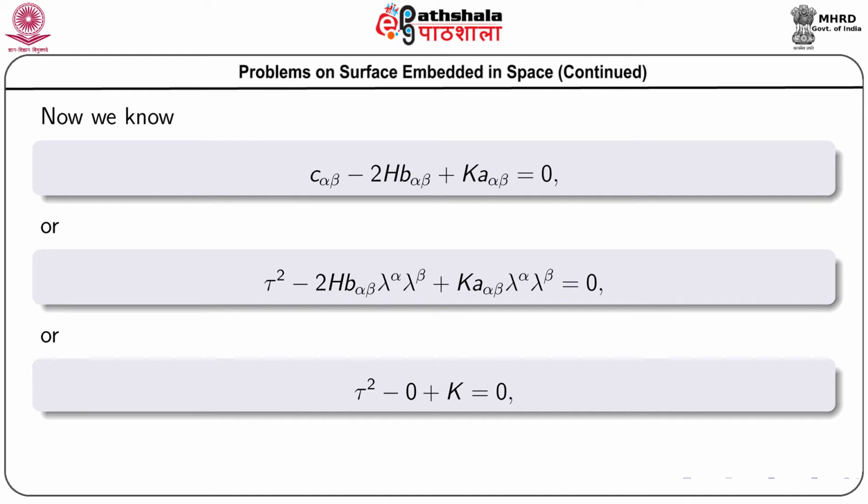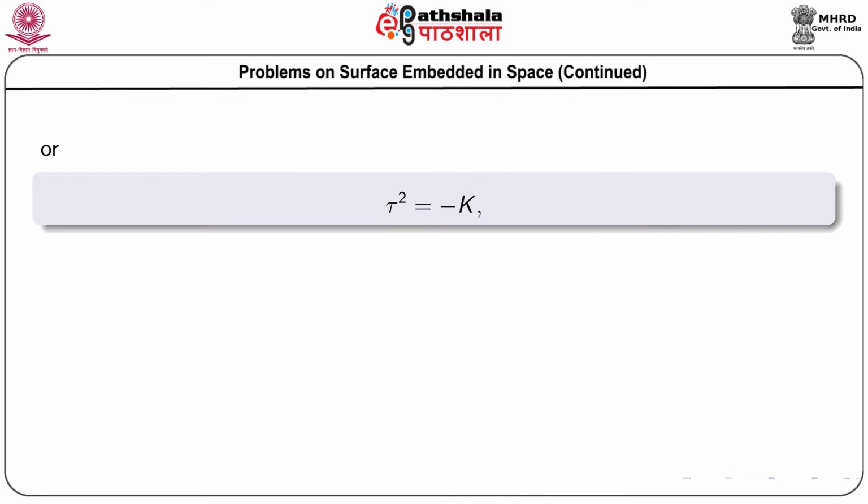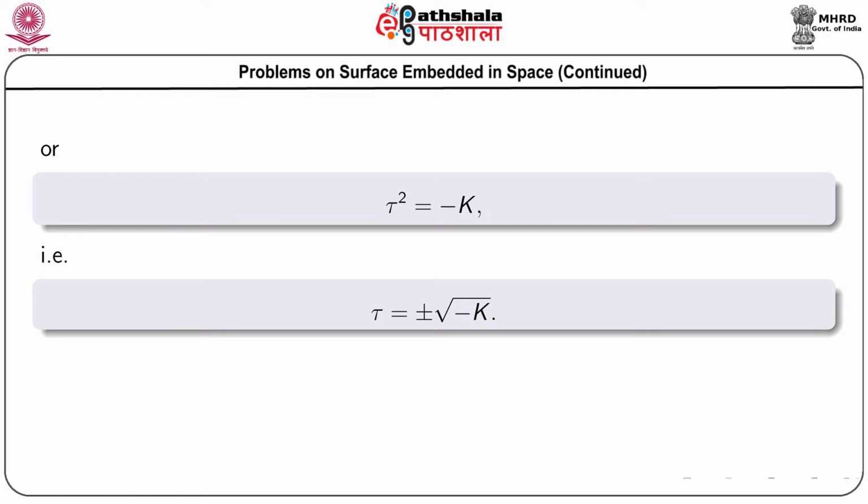As we have considered here the asymptotic lines, kappa n is 0, that is why B alpha beta lambda alpha lambda beta is coming to 0. So, tau square plus K equals 0, or tau square equals minus K, and we can write tau equals plus minus root over minus K, and this is known as Enneper's formula or Beltrami-Enneper's formula.